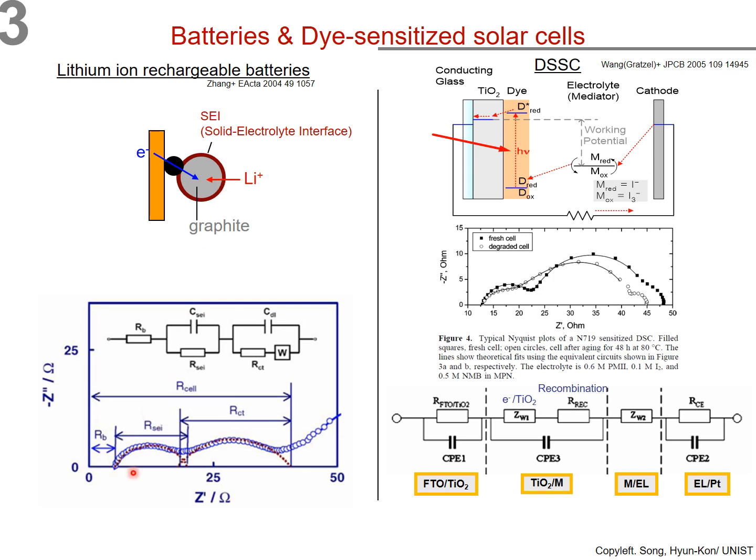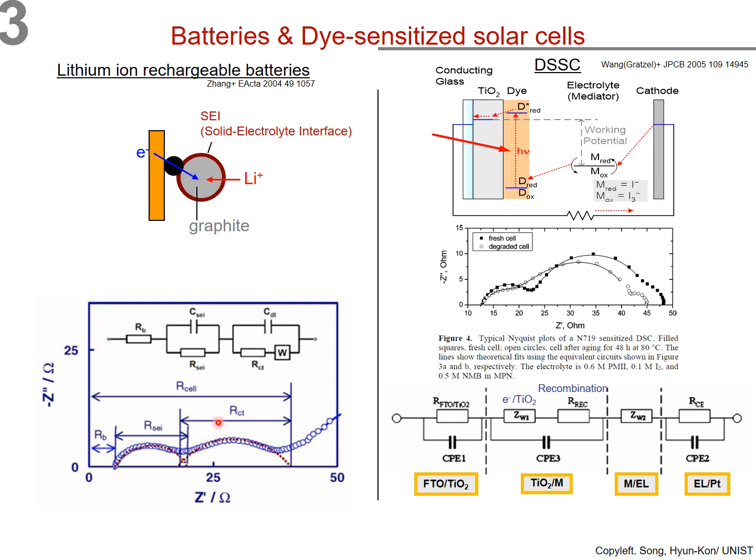So the first semicircle is related to the charge transfer through the interface between electrolyte and SEI layer. This first semicircle can be described by RC in parallel: C for the capacitance of SEI and R for the charge transfer through the interface.